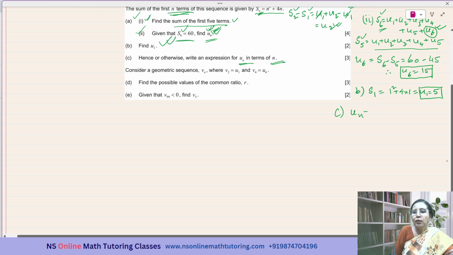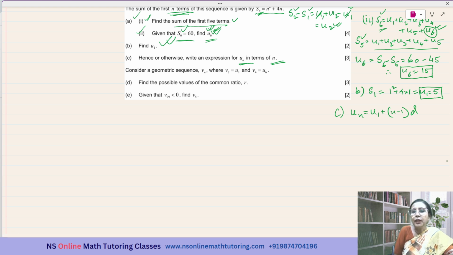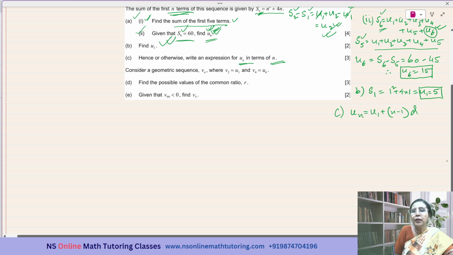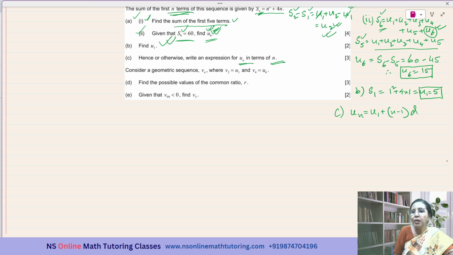It is Un equal to U1 plus n minus 1 times d. We know the value of U1, but we do not know the value of d. So first of all, we have to find the value of d, the common difference.